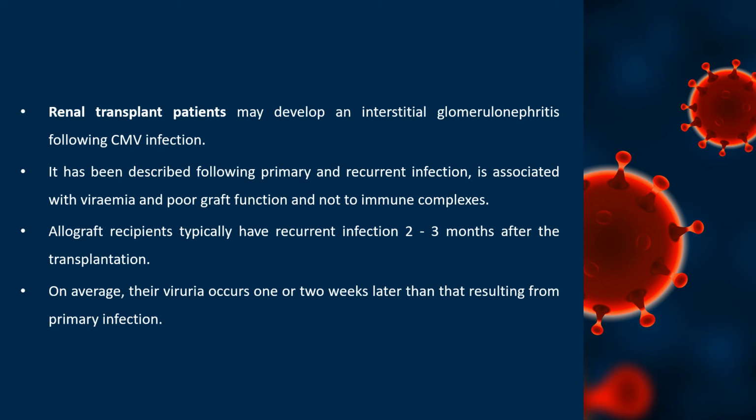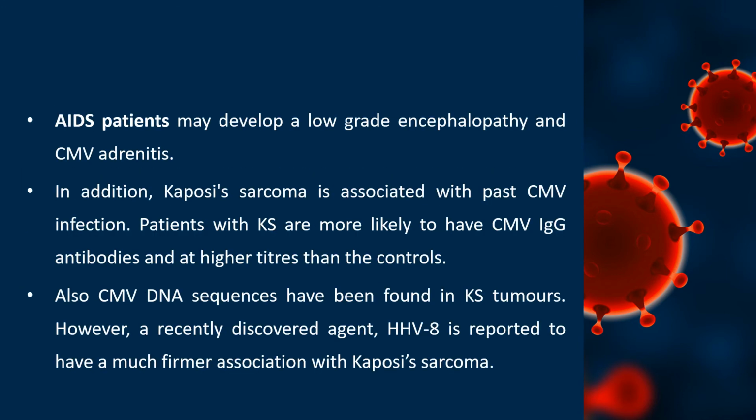On average, their viruria occurs 1 or 2 weeks later than that resulting from primary infection. AIDS patients may develop a low-grade encephalopathy and CMV adrenalitis. In addition, Kaposi's sarcoma is associated with past CMV. Already we learned at the start of this video, Kaposi's sarcoma is caused by human herpesvirus 8.